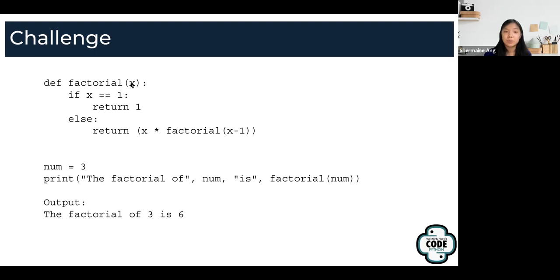Now x equals 2, so it goes into the else statement, and it will return 2 times factorial 1. Since it called itself again, it goes back up, but this time x equals 1, so it returns 1. And this is how the recursive function actually works. It just keeps calling itself over and over again.